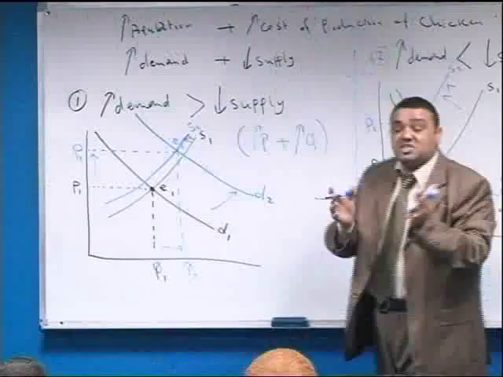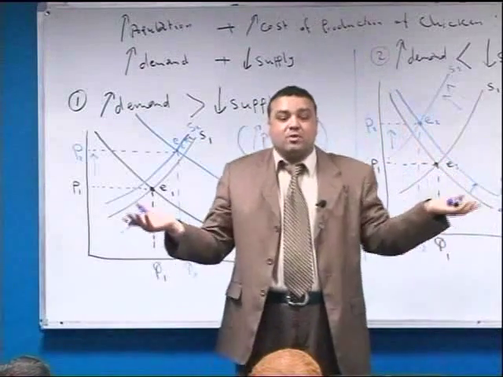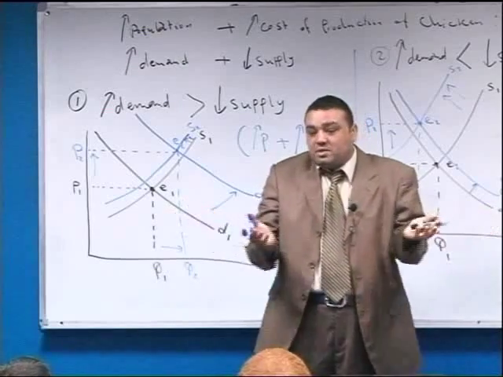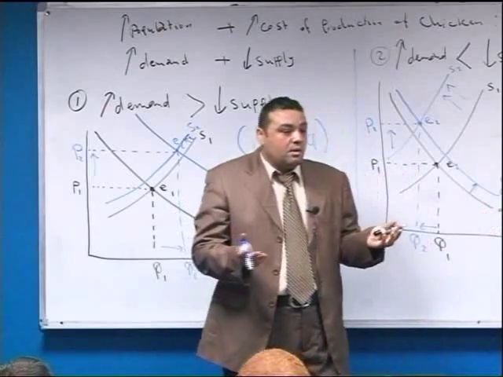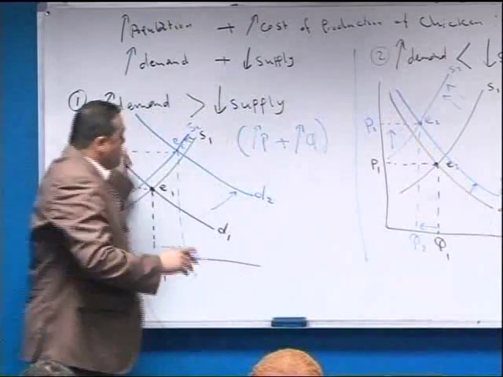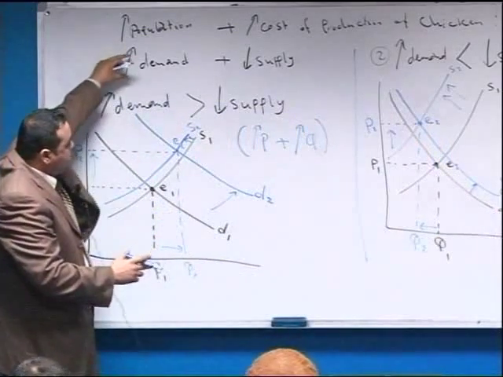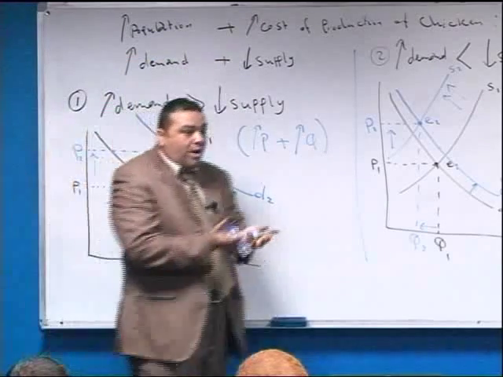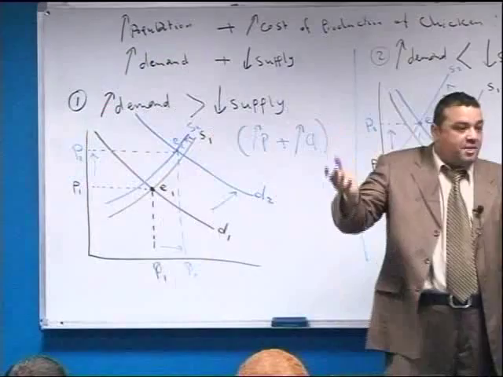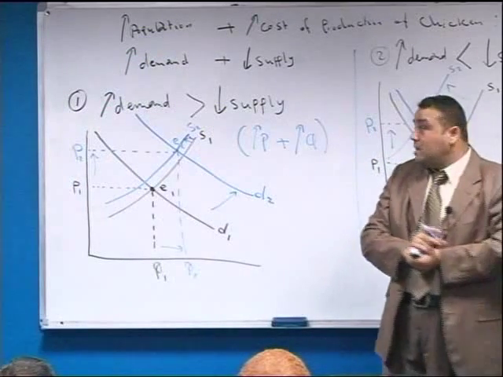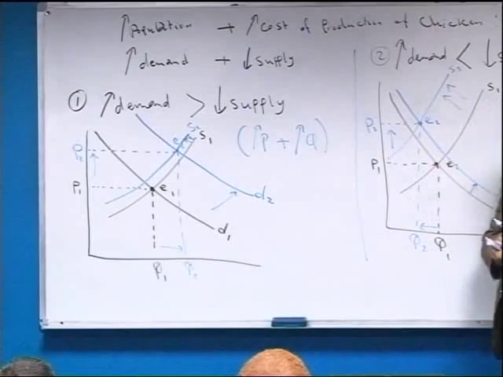So the change in the quantity is ambiguous. Ambiguous means it's unknown, غامض معناتها. Okay? So if demand increased and supply declined, in all cases the price would increase and the quantity is ambiguous. Right? Okay, let's go to another case.